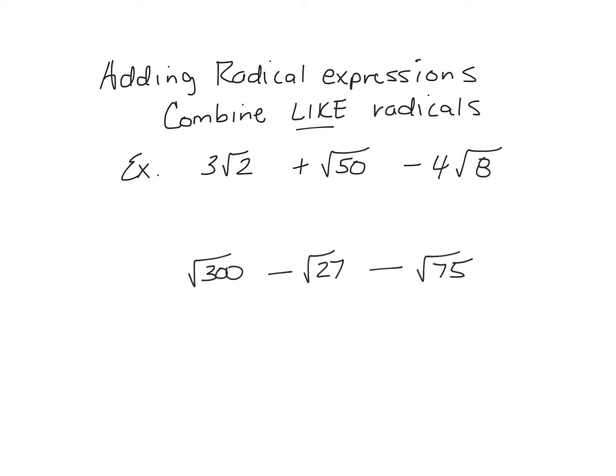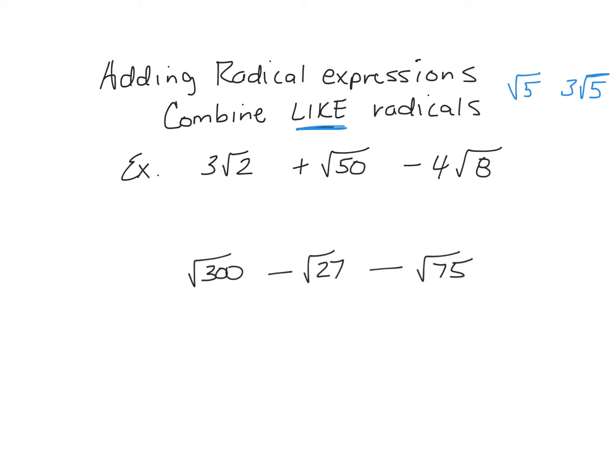Now, when adding radical expressions, again, very simply, what we've done all year long when we're adding is we combine like terms. In this case, we're going to combine like radicals. That means they have to have the same index. So the square root of 5 and 3 square root 5 have the same radicand.